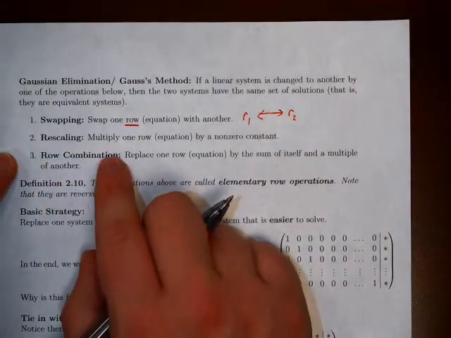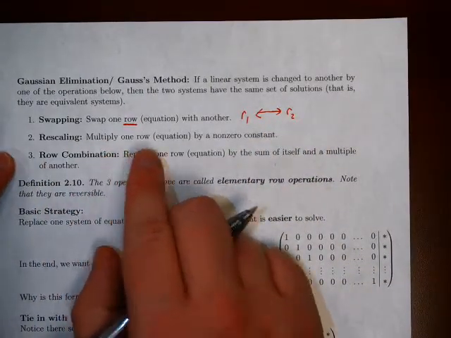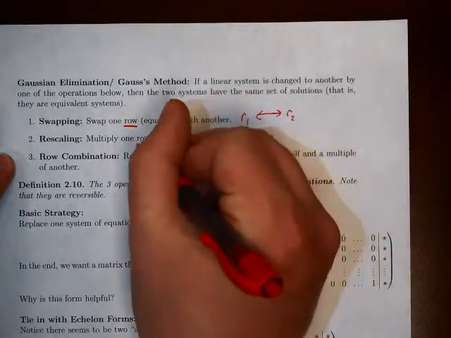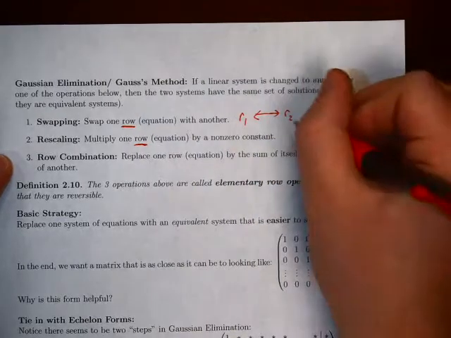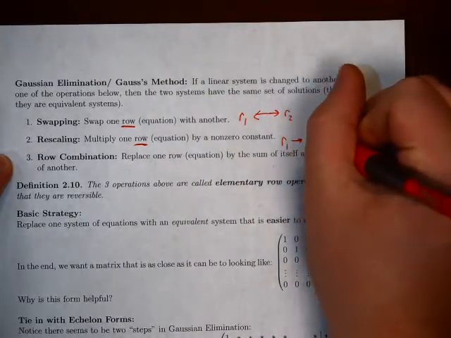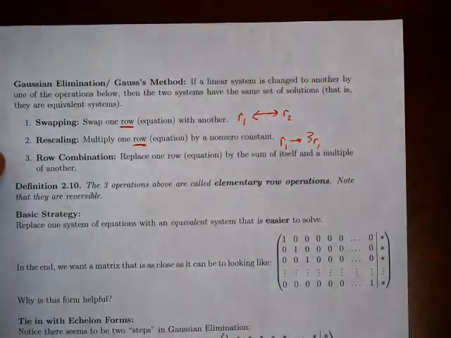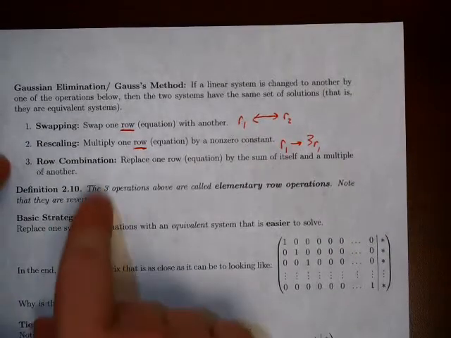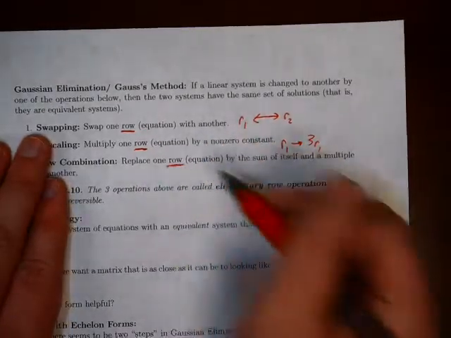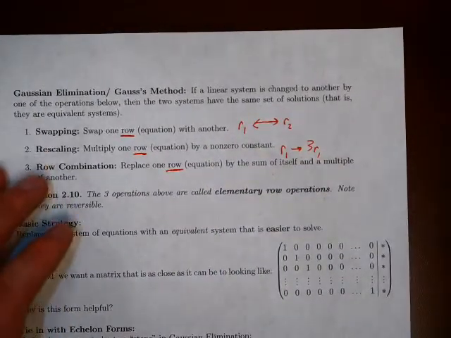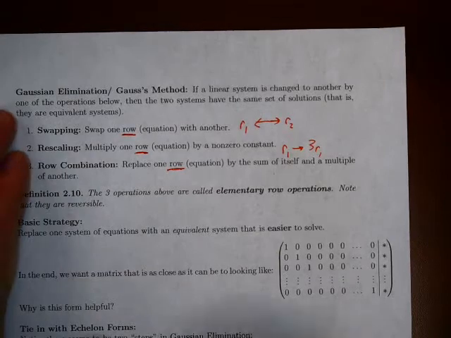We can rescale an equation, so we can multiply one row or equation by a non-zero constant. So we can take row 1 and say it's becoming 3 times row 1. And we can also do a row combination. So we can take one row or equation and replace it with the sum of itself and a multiple of another row.